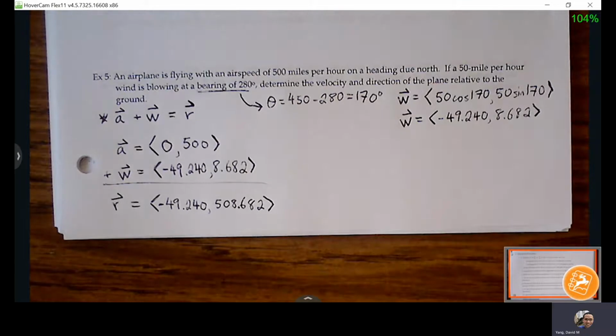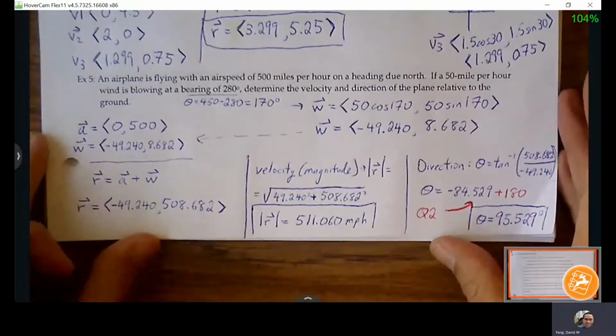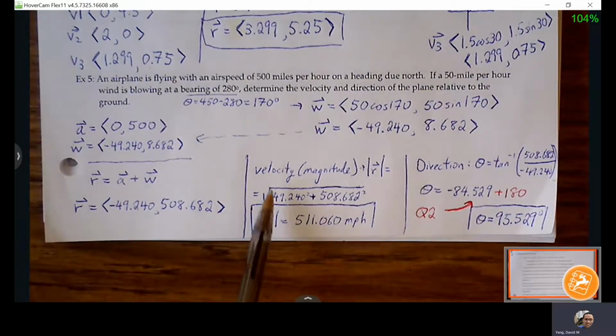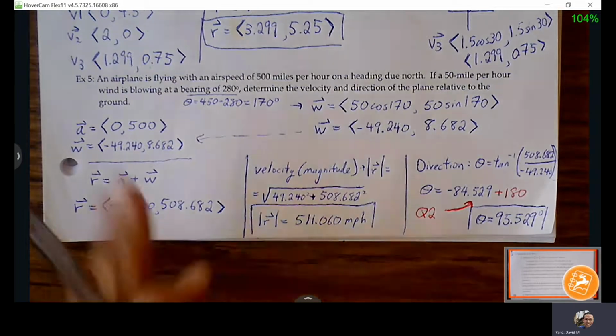Okay, let's look at what we found. For magnitude, using the Pythagorean theorem, we should have gotten 511 miles per hour.